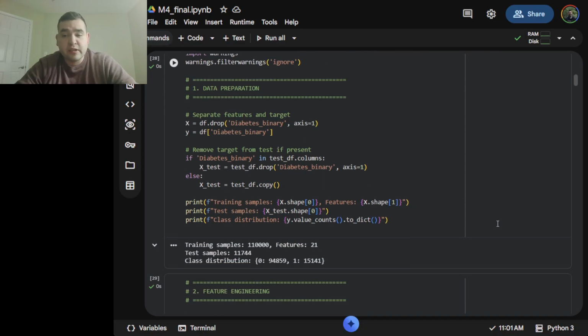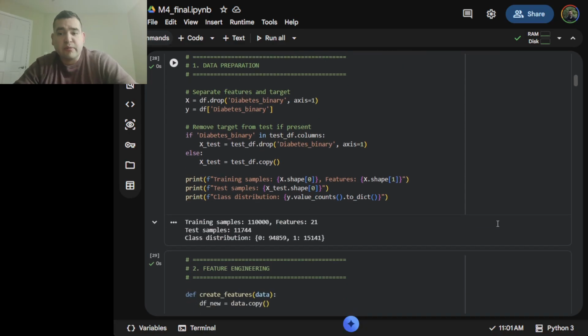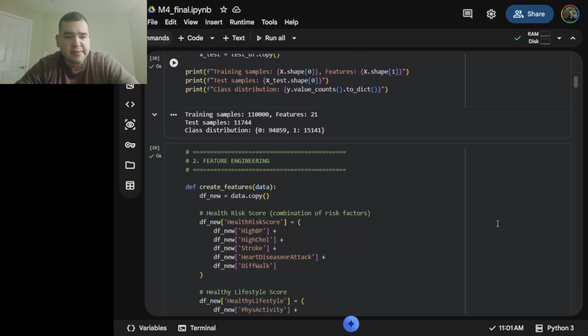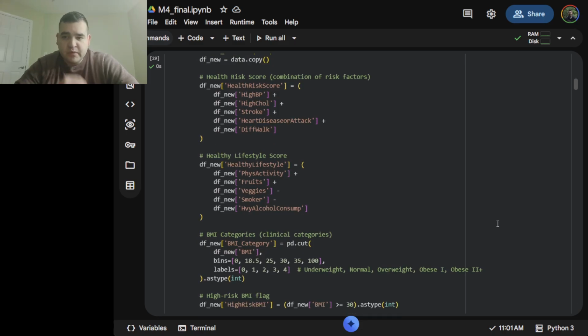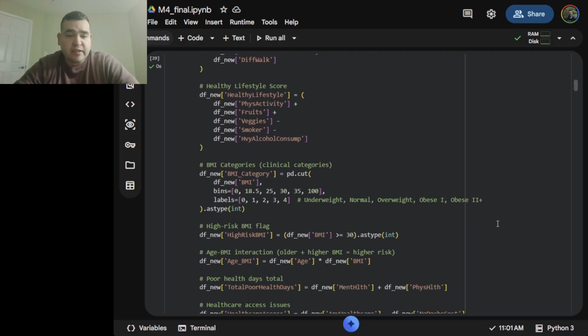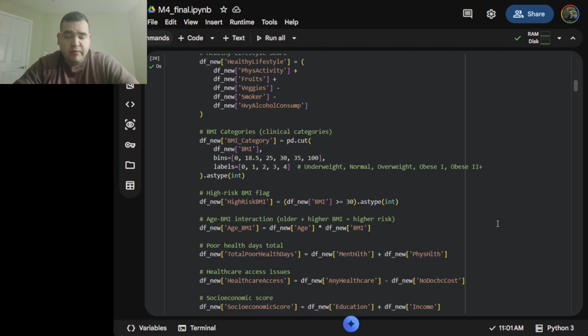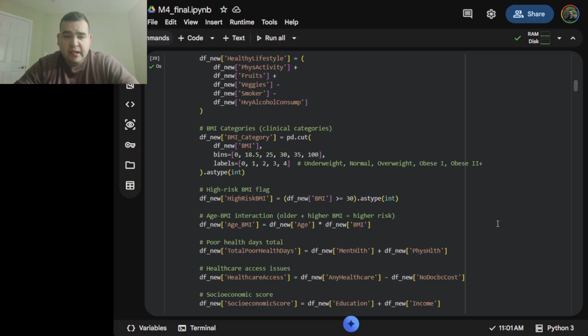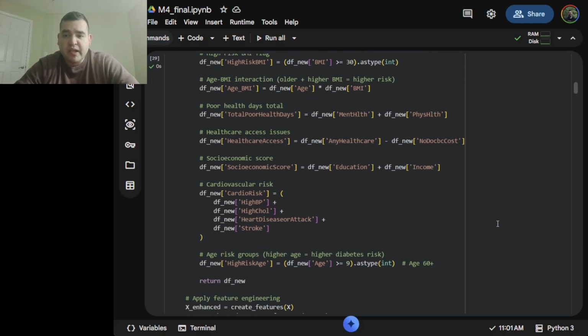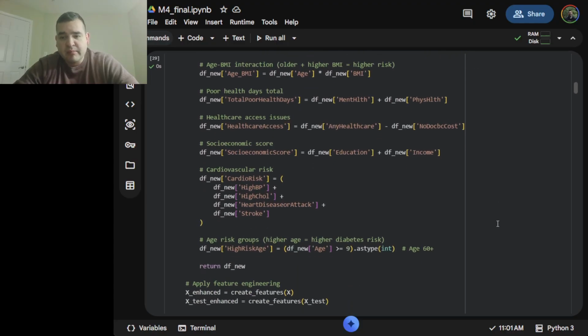The logistic regression served as a strong interpretable baseline, but struggled to capture complex nonlinear patterns in the data. The tree-based model improved recall and captured interactions more effectively, but it required careful tuning to prevent overfitting. And ultimately, the neural network achieved the highest F1 score, providing the best balance between precision and recall.